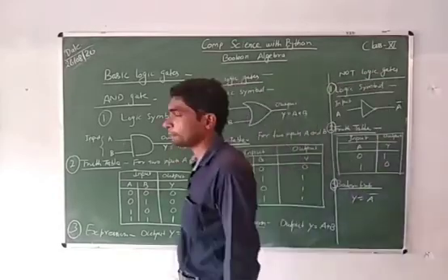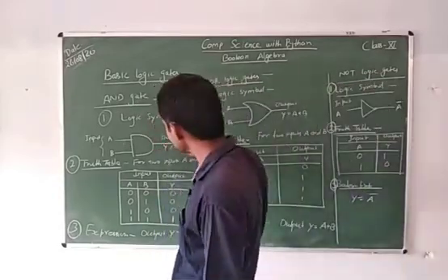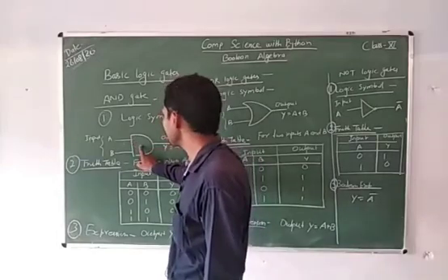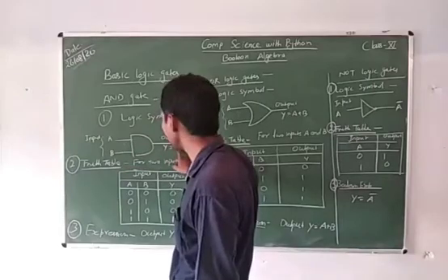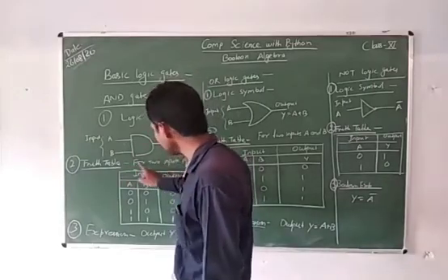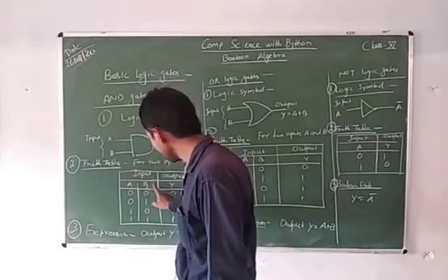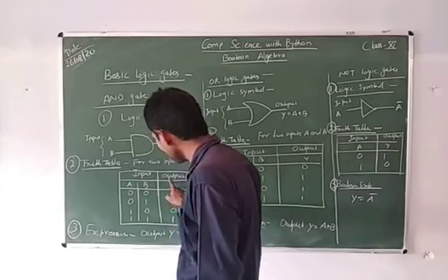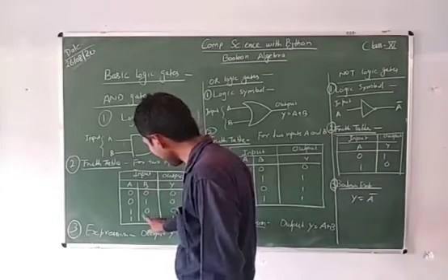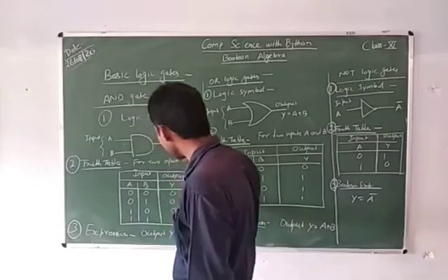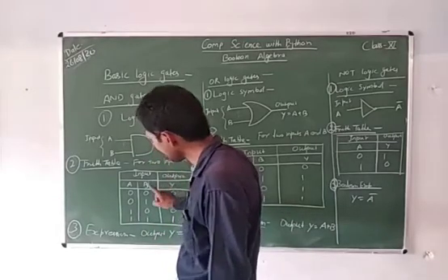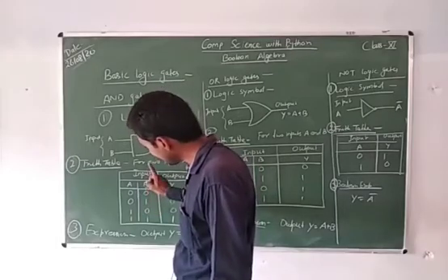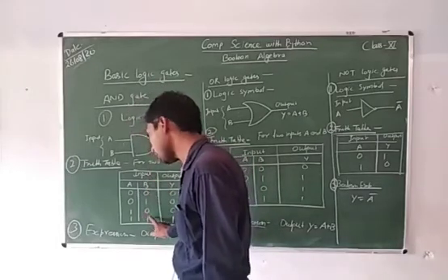First logic symbol. AND gate is represented by this symbol. These are its inputs and this is the output. For 2 inputs, its truth table will be like this. Output will produce 1 when all inputs are 1. The output of AND gate will be 1, will be high, if the value of all inputs is 1.